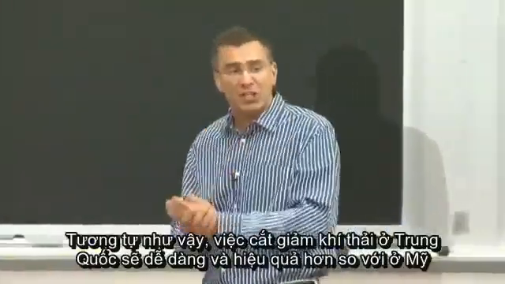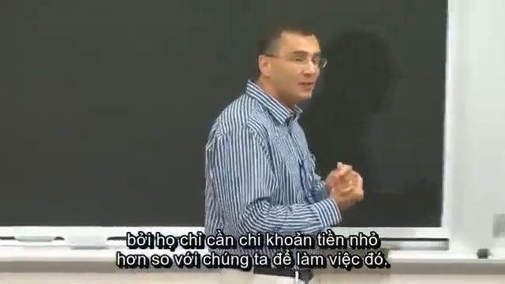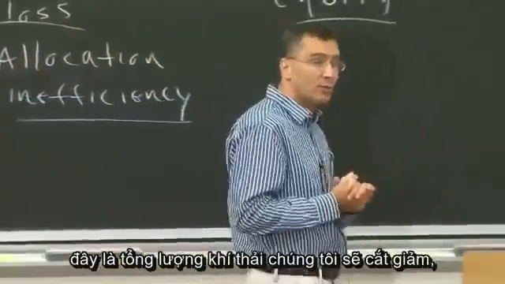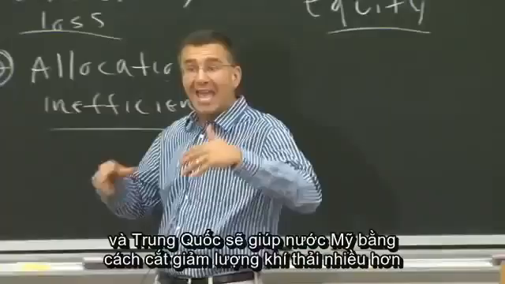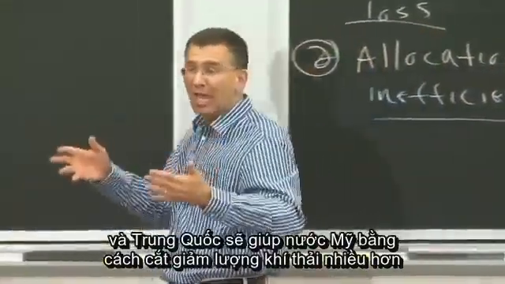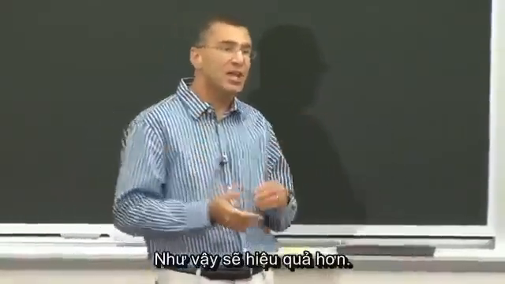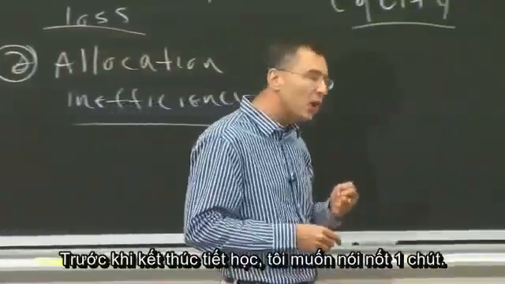It is more efficient for China to reduce emissions because it's cheaper than for the US to reduce emissions. So the efficient system is, we just say, here's the total amount of emissions we're going to reduce, and we're going to let China do extra reduction, or pollute less, and the US gets to continue our slovenly ways, and that's the efficient outcome.